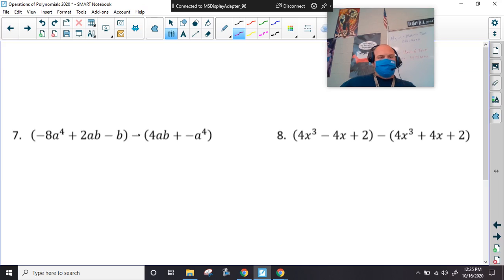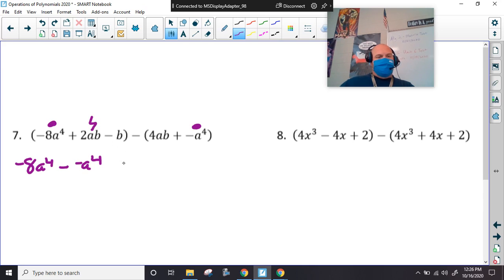Let's look at this one. Now, I can do this one without distributing the negative. Watch this. So I'm going to have -8a to the 4th, minus -a to the 4th.